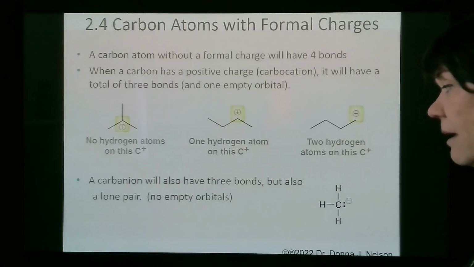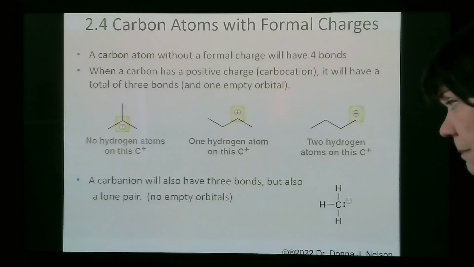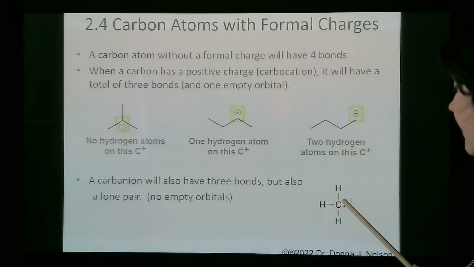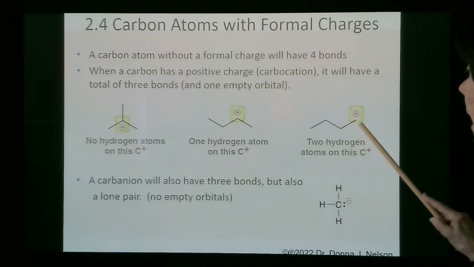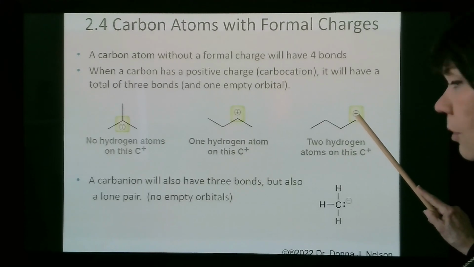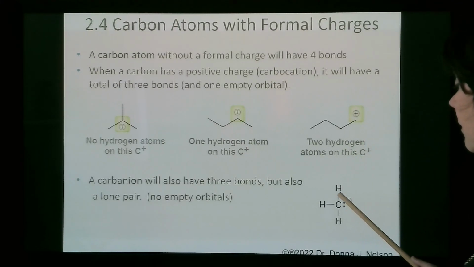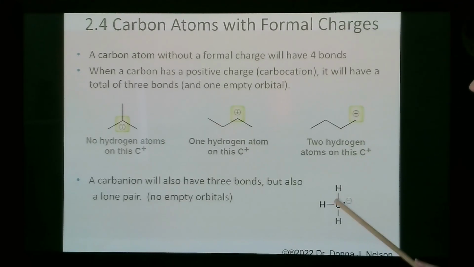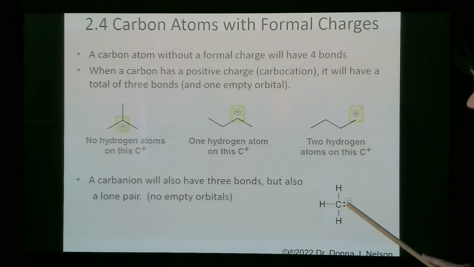A carbanion also has 3 bonds, but it also has a lone pair. Up here, there is no lone pair. There is an empty orbital. Here, there's 3 bonds attached to carbon, but there is a lone pair that occupies another orbital. So this carbon is surrounded by 8 electrons, 2, 4, 6, 8.